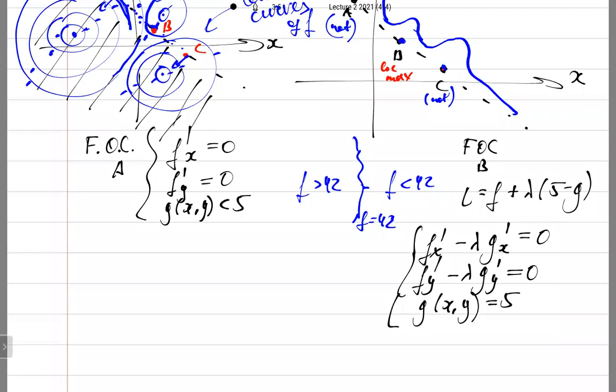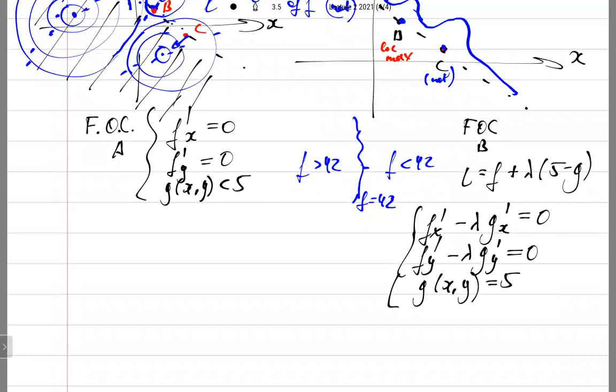Yes. Okay. Let's combine everything in one system. That will be a little bit more difficult, but let's develop our intuition.